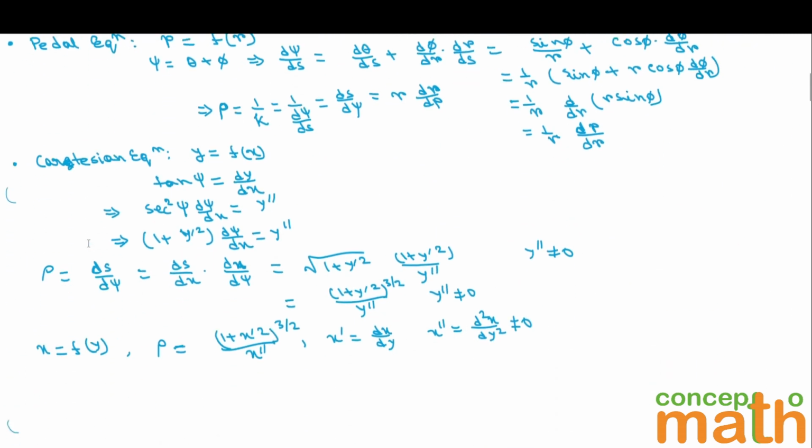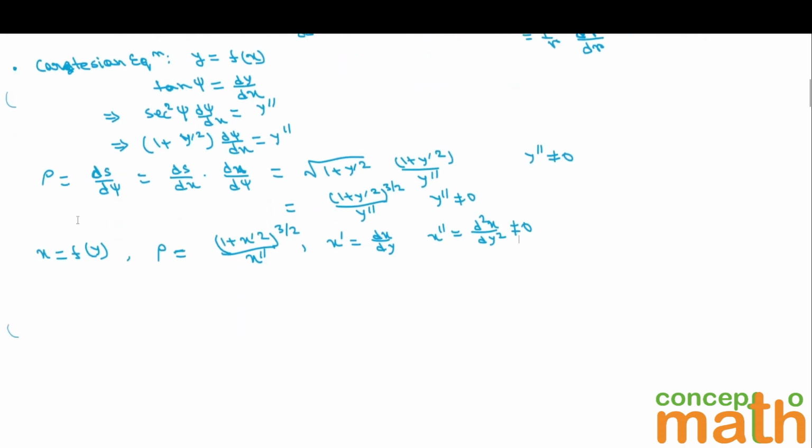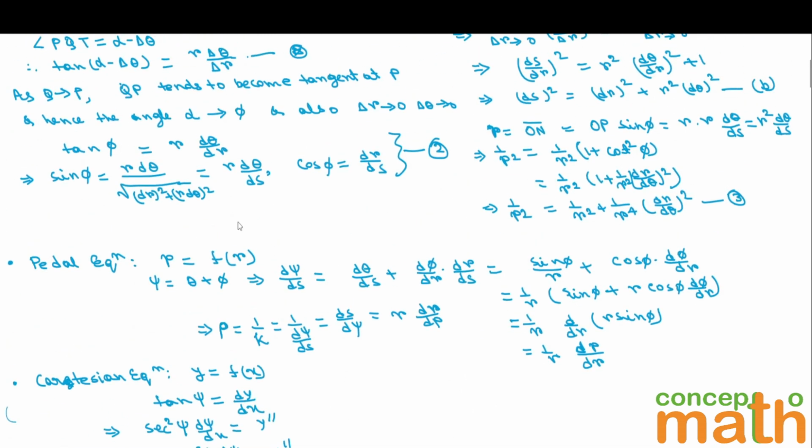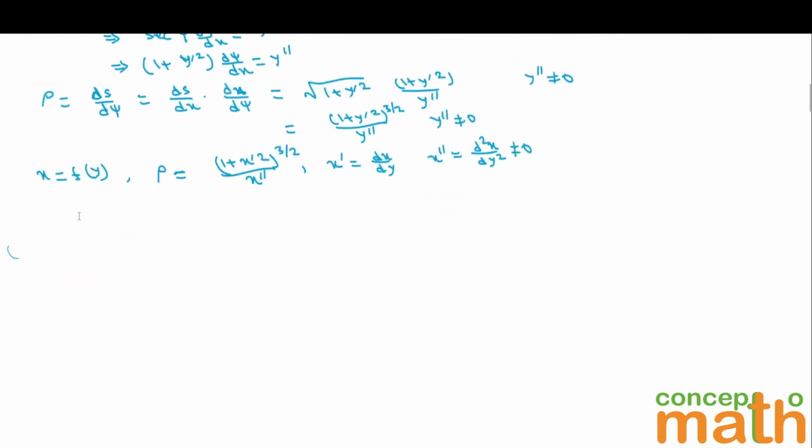I am not going into the detail of those proofs. We will just discuss the expressions for radius of curvature. So what are those expressions? Let us name these results. Call this A, the pedal equation. For the Cartesian, call this B.